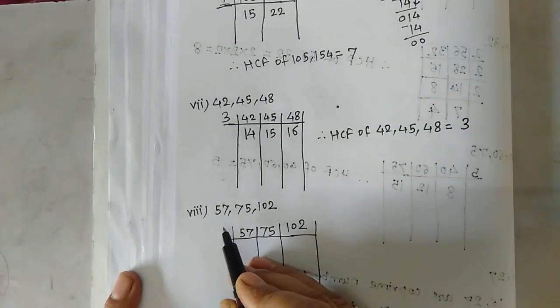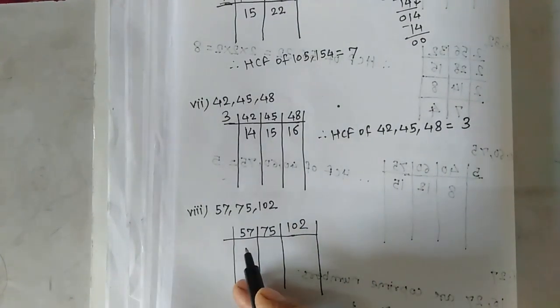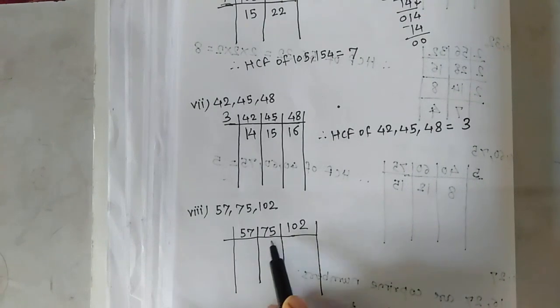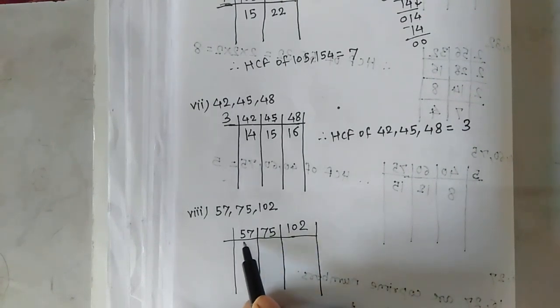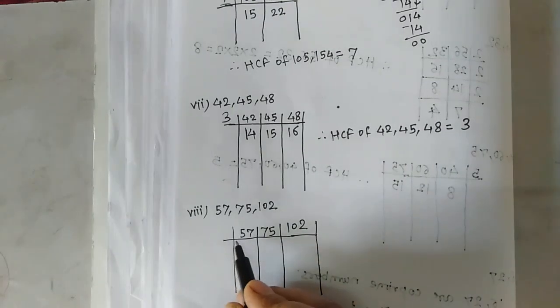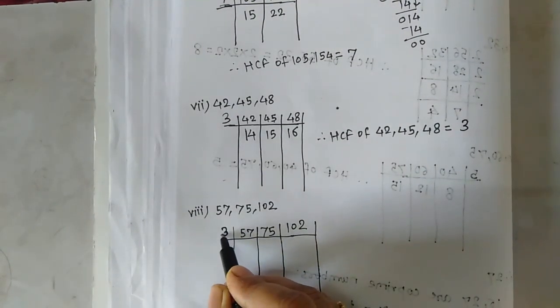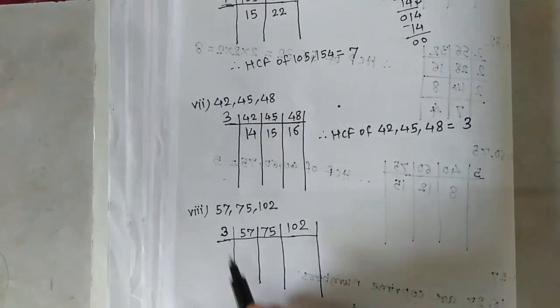Next is 57, 75 and 102. 57 and 75 are odd numbers, so all these numbers are not divisible by 2. So now check whether they are divisible by 3. Yes, they are divisible by 3.